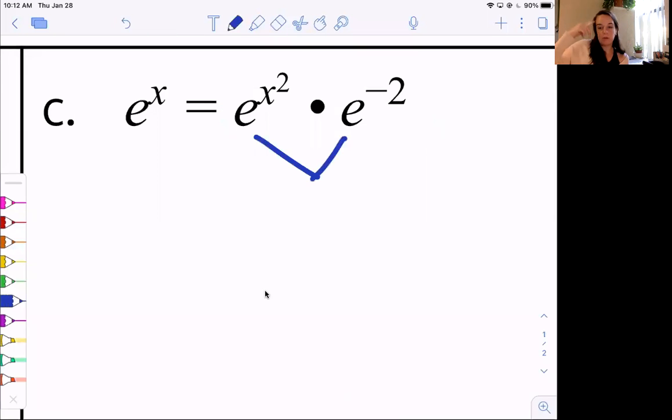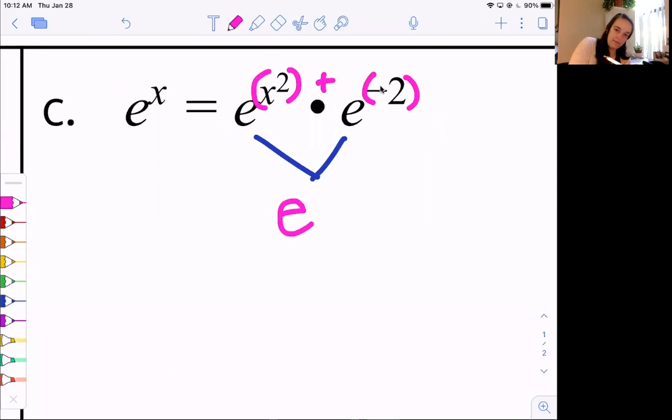Using our exponent rules, when I have the same base being multiplied, what do I do with the exponent? I add them. I'm going to add this exponent with that exponent. So same base, e, but I'm going to have x squared plus a negative 2. So I'm just going to write minus 2 like that. And this is equal to e to the x.